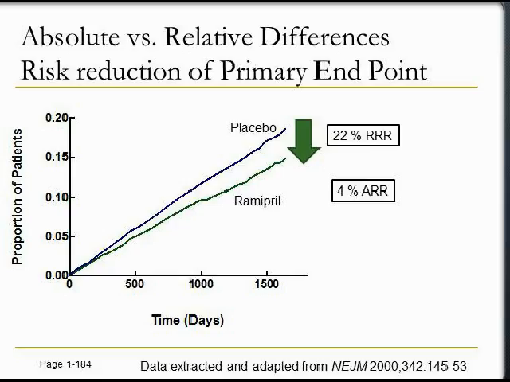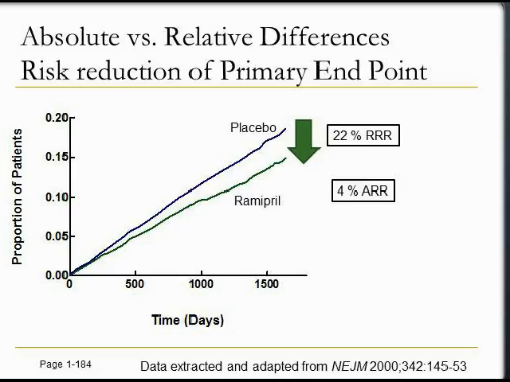And here's the primary endpoint, the risk reduction. You can see here the proportion of patients shown on the y-axis who developed this primary endpoint over time, the placebo group shown in blue, and the ramipril group shown in green. So every investigator, of course, wants to highlight that there's a 22% reduction in risk associated with ramipril as compared to placebo.